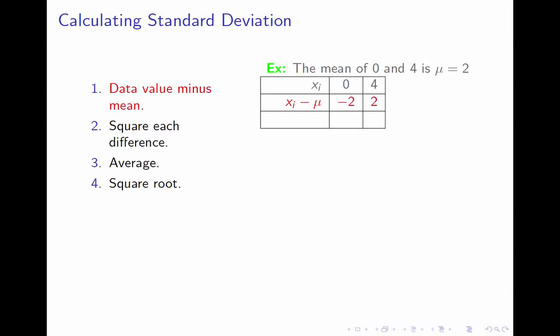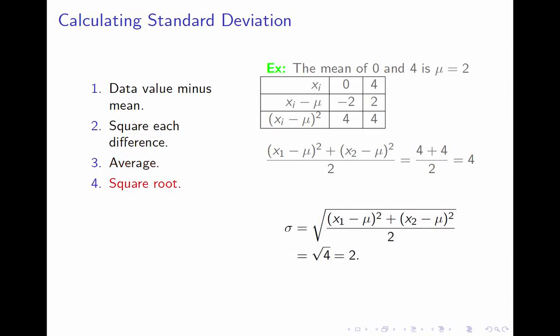So 0 minus 2 is negative 2, 4 minus 2 is 2. The second step is to square each of those numbers. Negative 2 squared is 4, 2 squared is 4. Third step is to average them. The average of 4 and 4, of course, is 4. And finally, we take the square root, and we get 2.